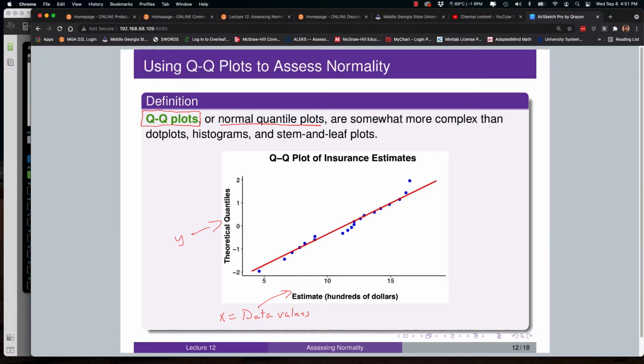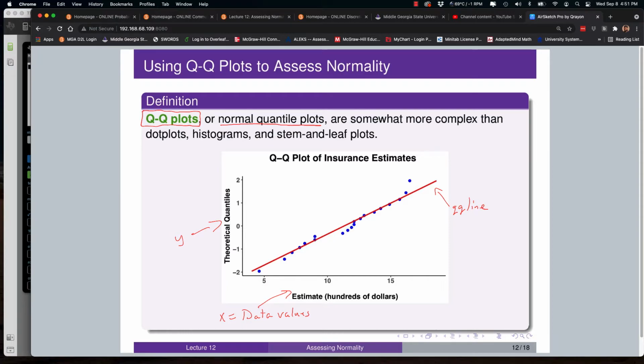And this line here, which most packages call a QQ line, is kind of like a regression line, but it's treated a little differently. It performs regression by not using every point in the graph, but usually the first and third quartiles of the data itself.